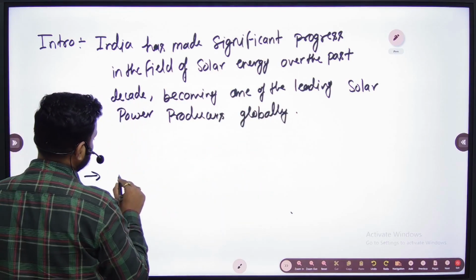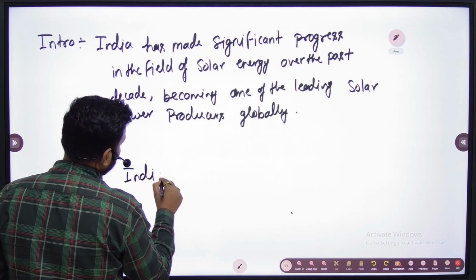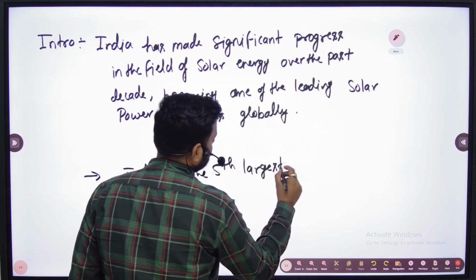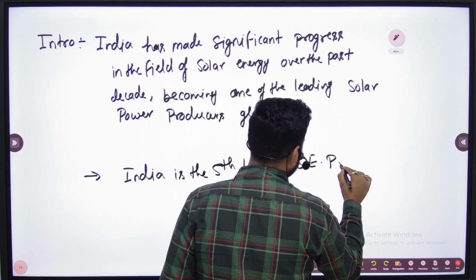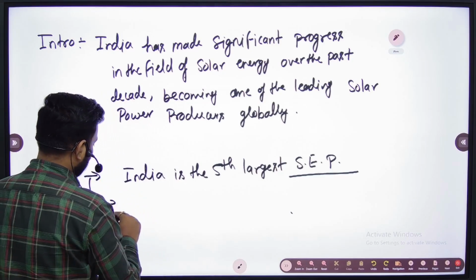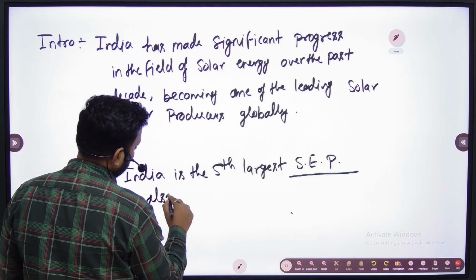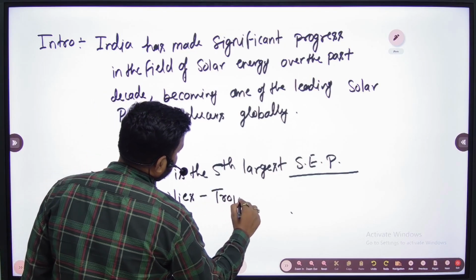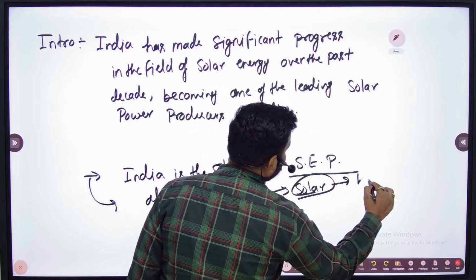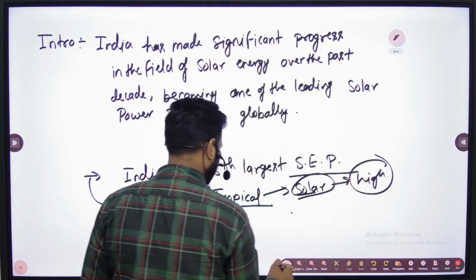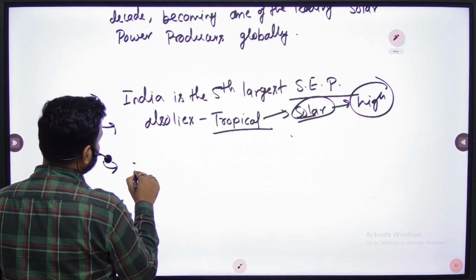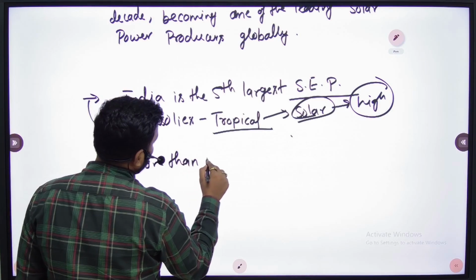Or you can start like this कि India is the 5th largest solar energy producer, and India also lies in the tropical belt where the solar energy potential is high, where India receives more than 250 days of vertical and intense solar radiation.